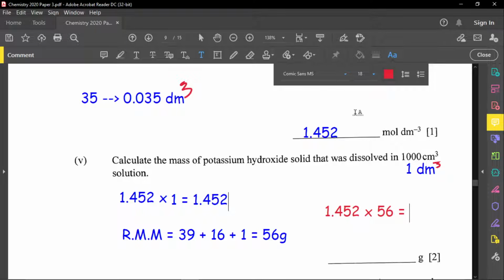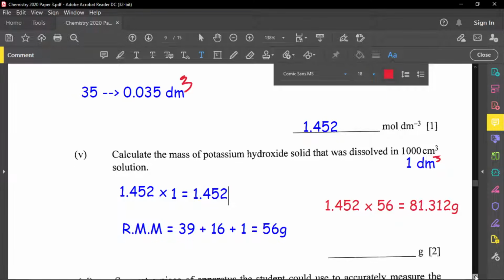And that will give us a whopping 81.312 grams. All right, so that is the mass of potassium hydroxide that was dissolved in the 1,000 centimeters cube, or 1 dm cube.